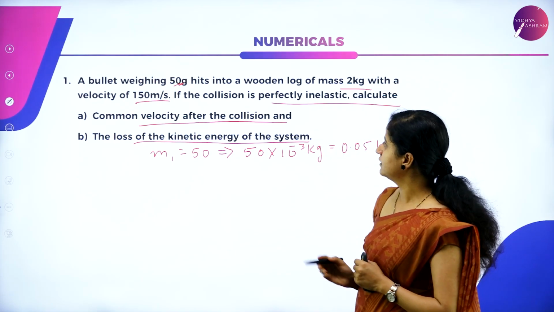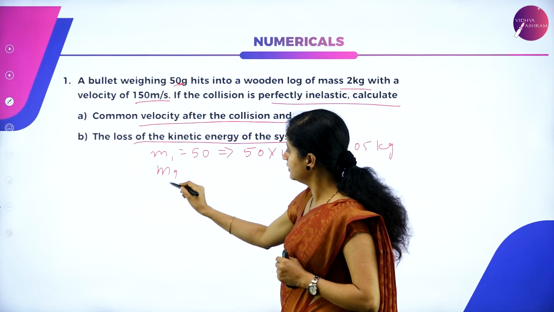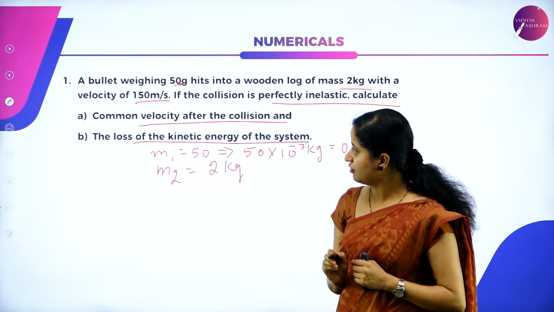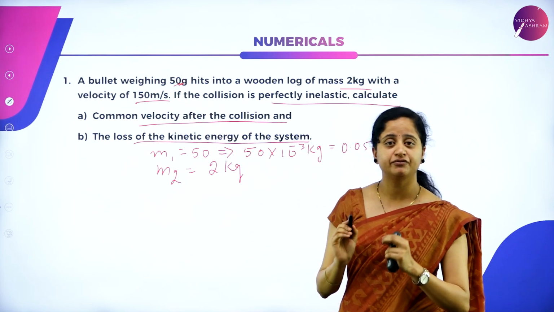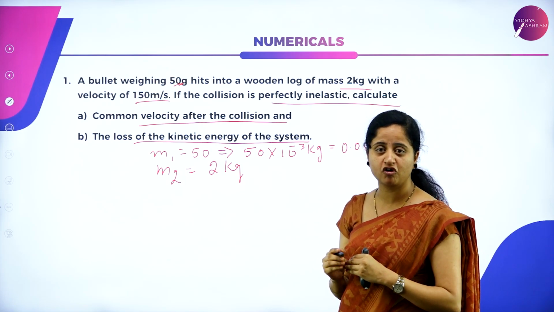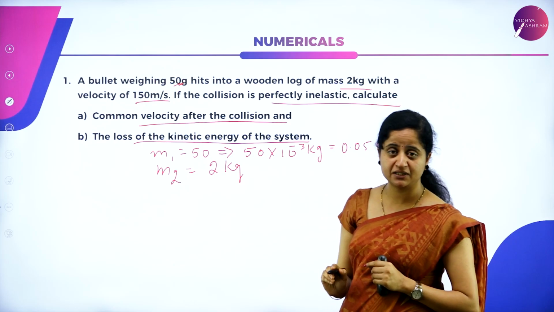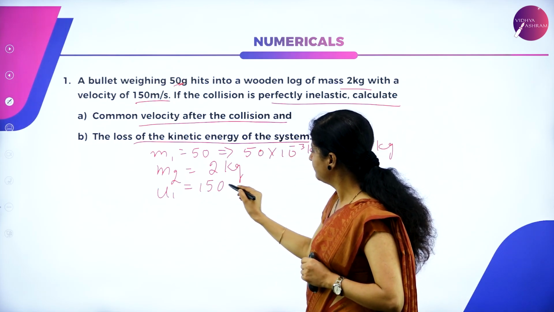Next, it is given that the wooden log has mass 2 kg, that is M2 is equal to 2 kg. The bullet weighing 50 grams hits the wooden log of mass 2 kg with a velocity of 150 meter per second, which means U1 is 150 meter per second.